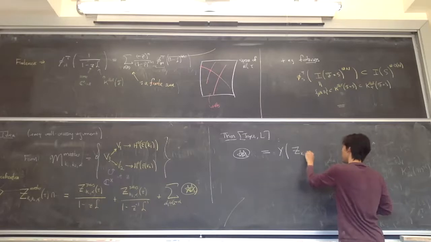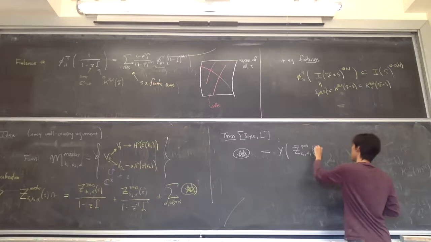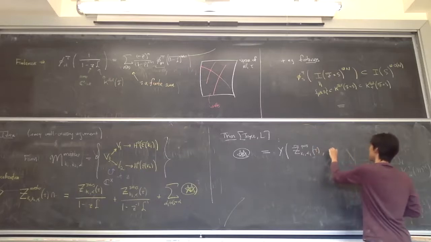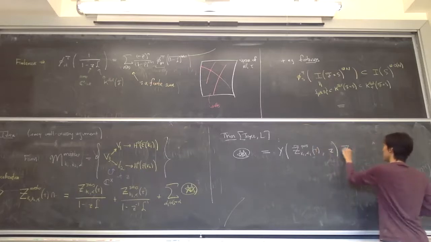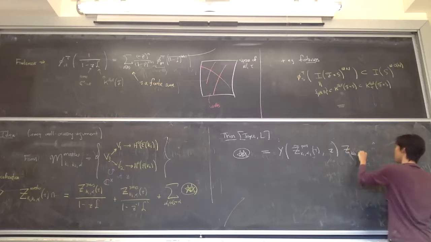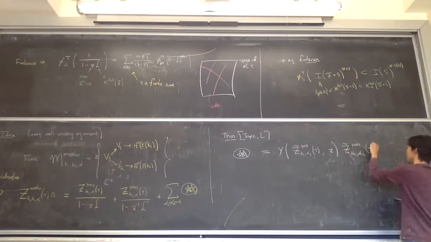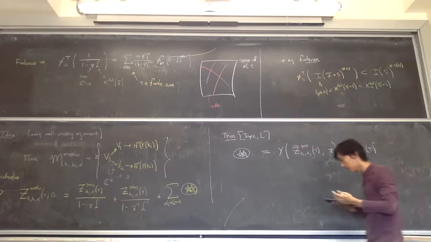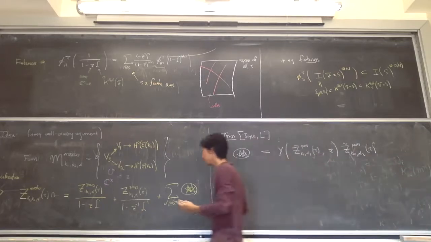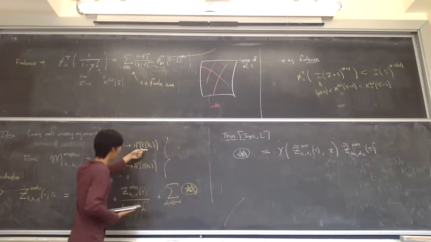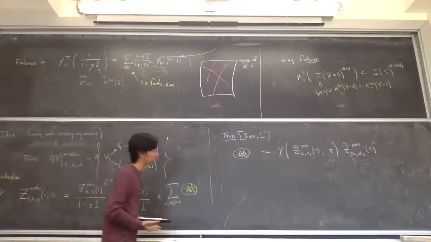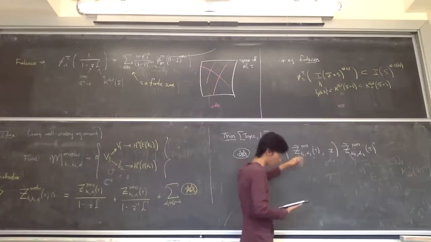k1 alpha 1 pairs tilde z k2 alpha 2 tilde pairs. Okay, so it's some contribution from K1 pairs and K2 pairs with some small modification.